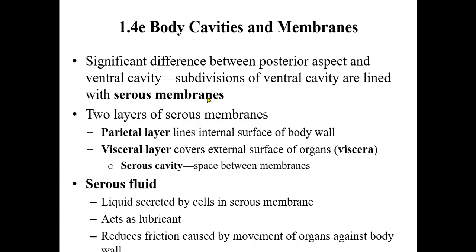Now the next thing I'm on are called membranes. So the first membrane that we're coming across is called serous membrane. Serous membrane produces serous fluid. The purpose of serous fluid is a lubricant.